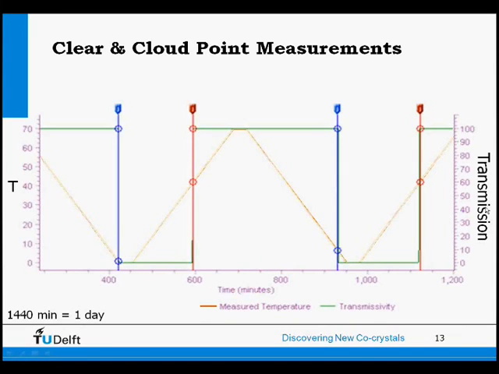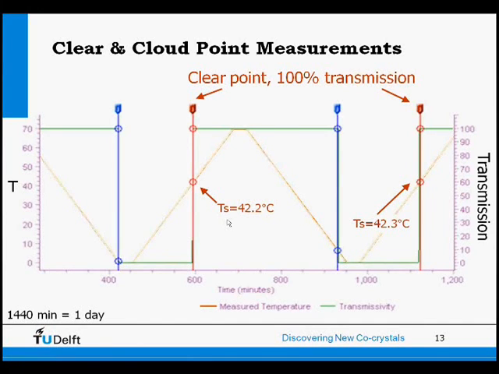That's on the right axis. That's the green line. And at the point where you have 100% transmission at the temperature, that is your clear point. So the clear points are indicated by the red marks. And you can determine the saturation temperature from that.